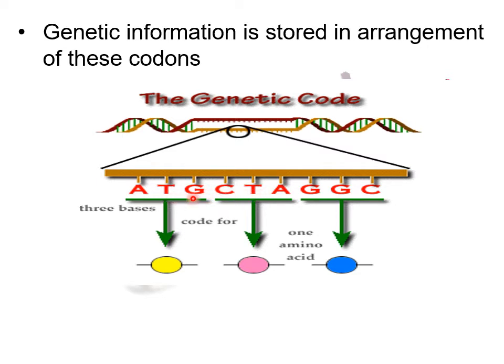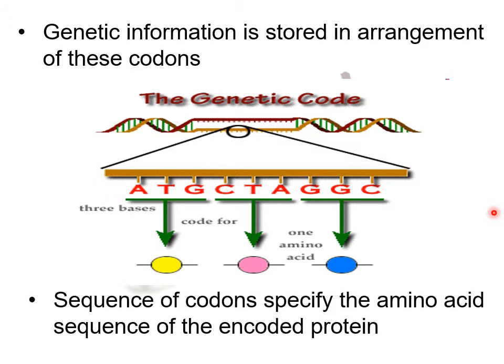That is, ATG is one codon, CTA another, GGC, like that codons, and each of these codons will be specifying an amino acid. That is, the sequence of the codons specifies the amino acid sequence of the encoded proteins. In other words, codons are the key to the translation of genetic information, directing the synthesis of specific proteins.